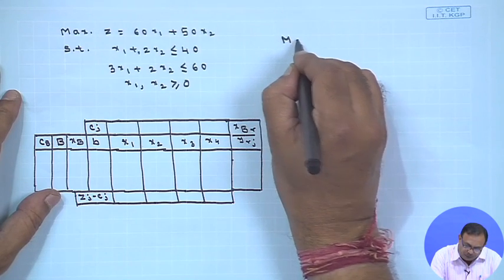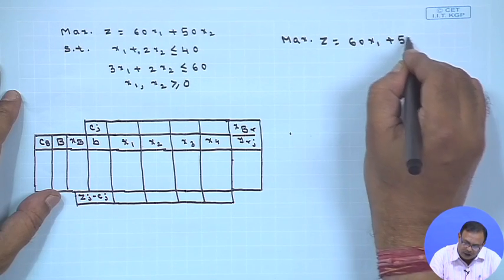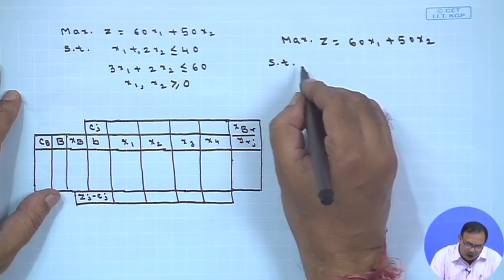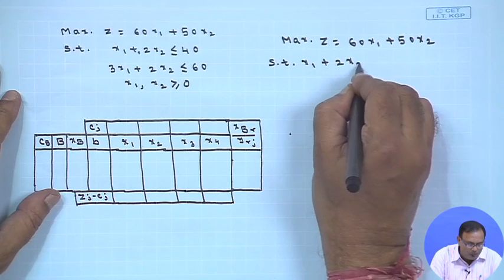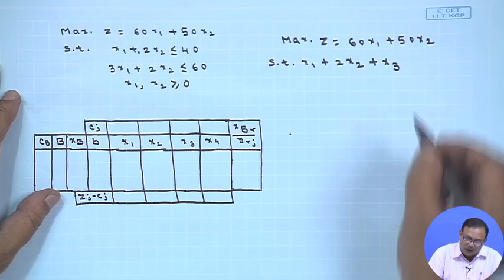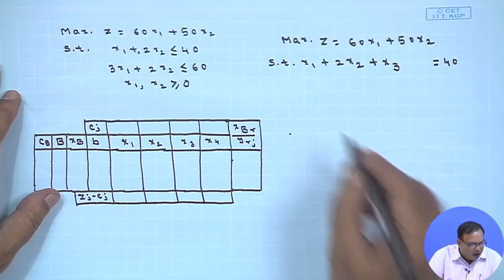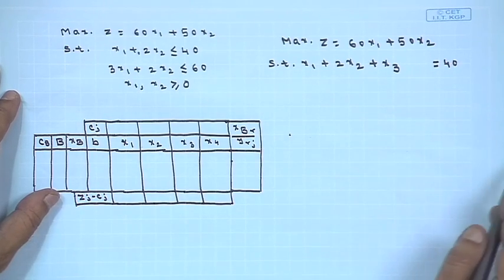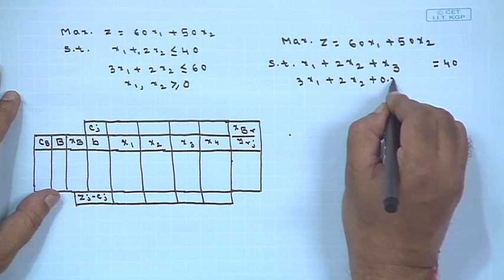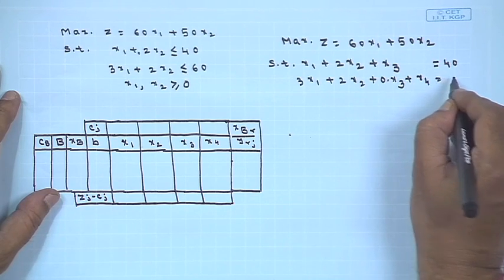So, your problem in standard form I can write as maximize z equals 60 x 1 plus 50 x 2, subject to x 1 plus 2 x 2 plus x 3, because this is your slack variable, equals 40. The second one will be 3 x 1 plus 2 x 2 plus 0 into x 3 plus x 4 equals 60.